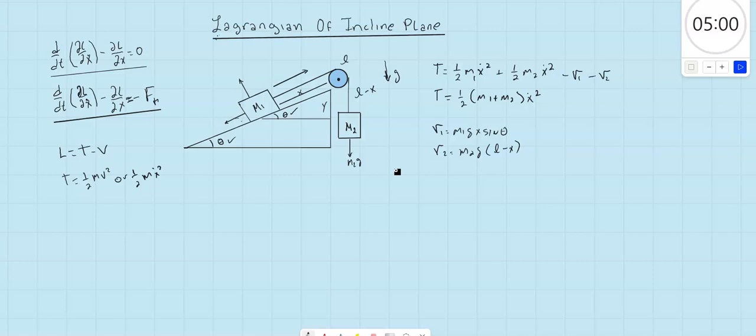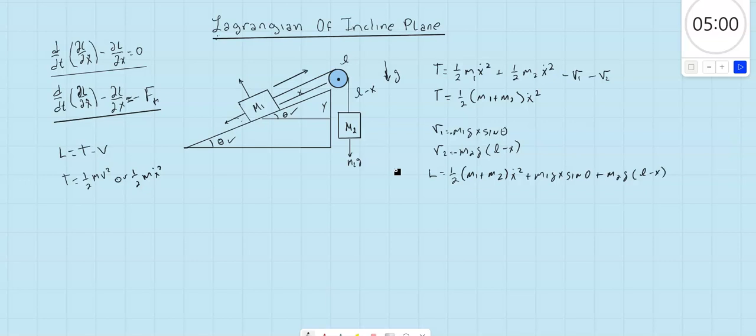So we could write our Lagrangian as, remember this is negative, 1/2 (m1 plus m2) x dot squared plus m1 g x sine theta plus m2 g (L minus x). Then we can use our equation.